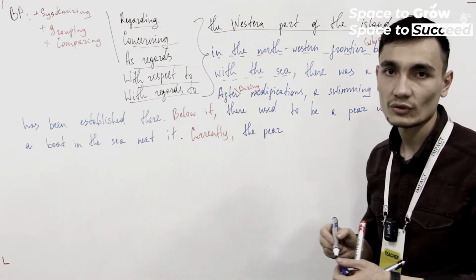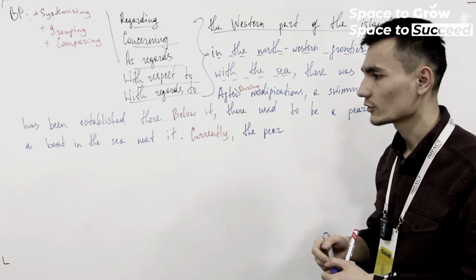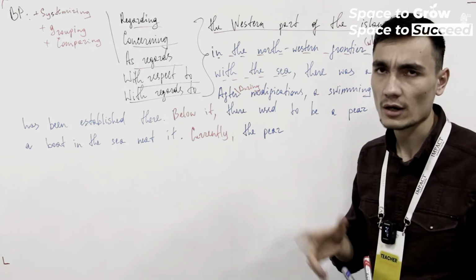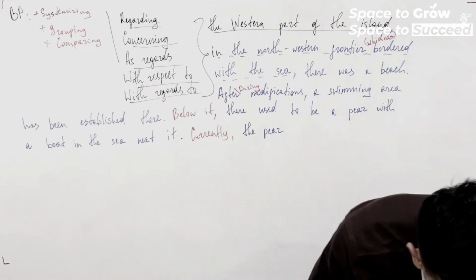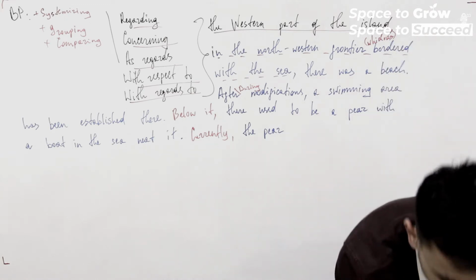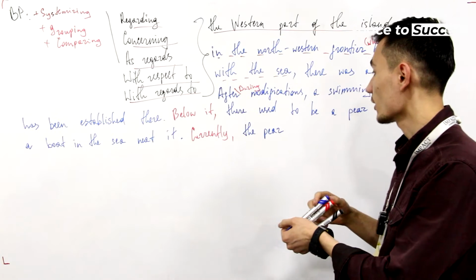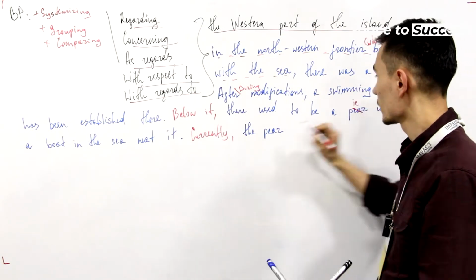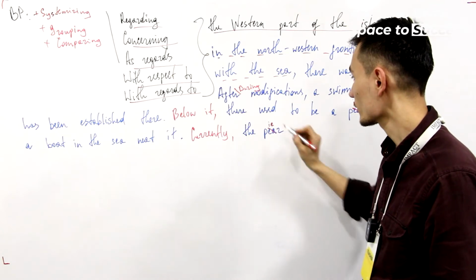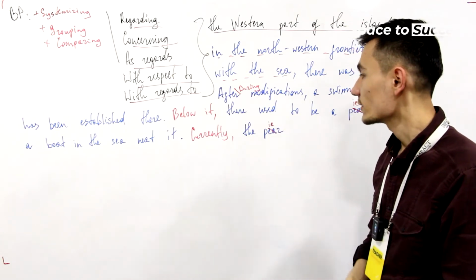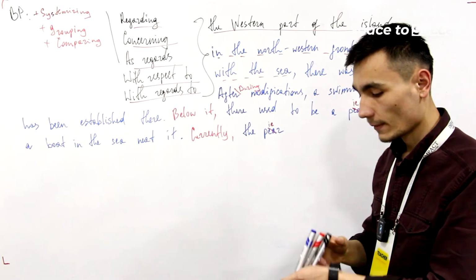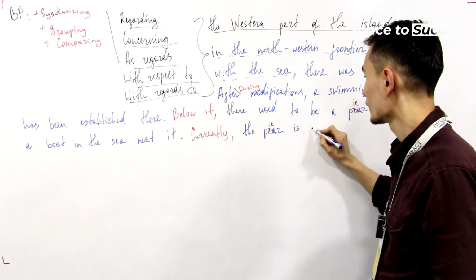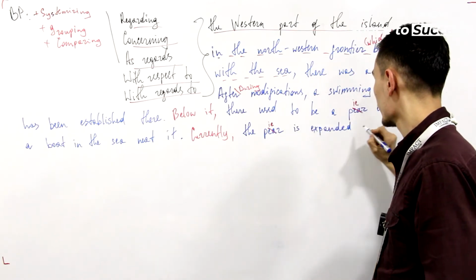Pier, I think I'm misspelling it. So it's pier with P-E-I-R probably. So let's just check. So yeah, it's clear, it's P-I-E-R. I'm just going to correct it. I made a mistake, so it happens. So currently there is a pier. Yes, it expanded along with.